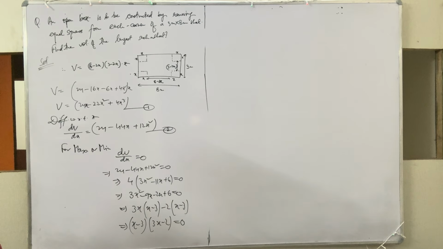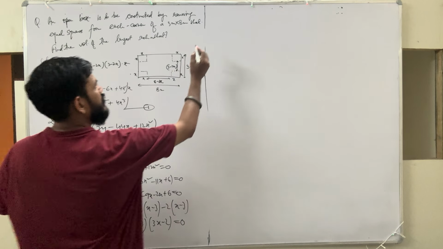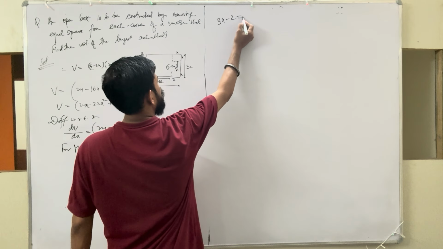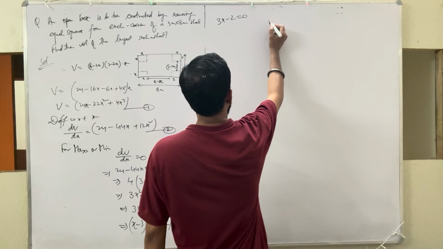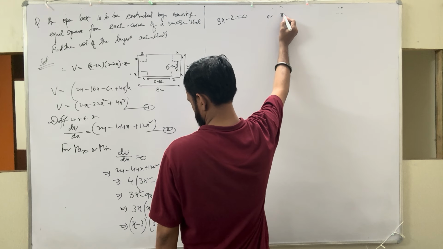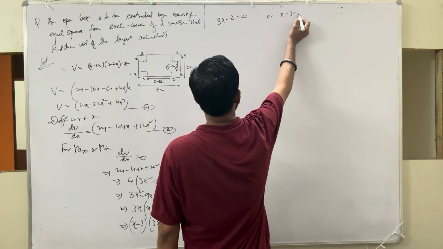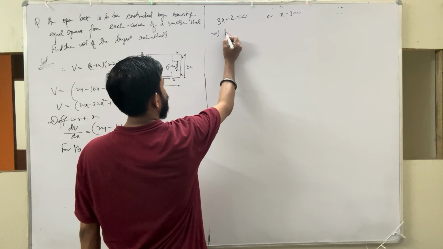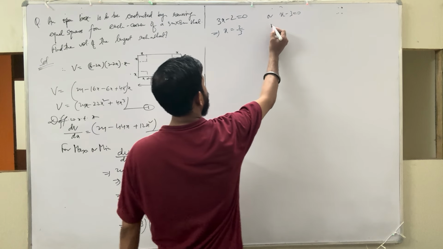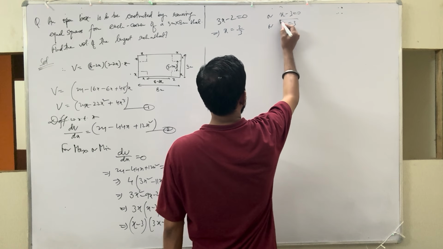Now the product of two terms is 0, that means either 3x minus 2 equal to 0 or x minus 3 equal to 0. So x will be 2 by 3, in this case x equal to 3.